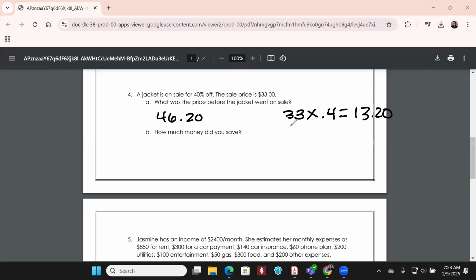And then you add that back to the 33, right? Okay. So how much money did we save? 13.20, right? It's 13. So how do you do that one?